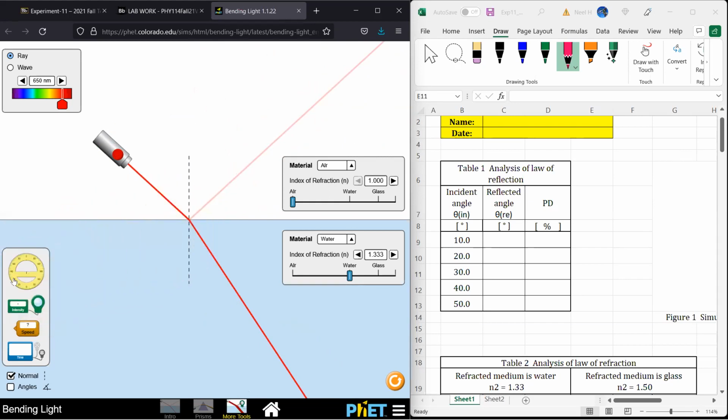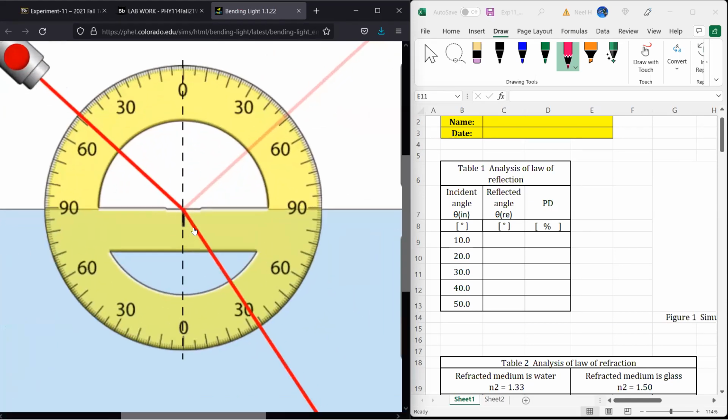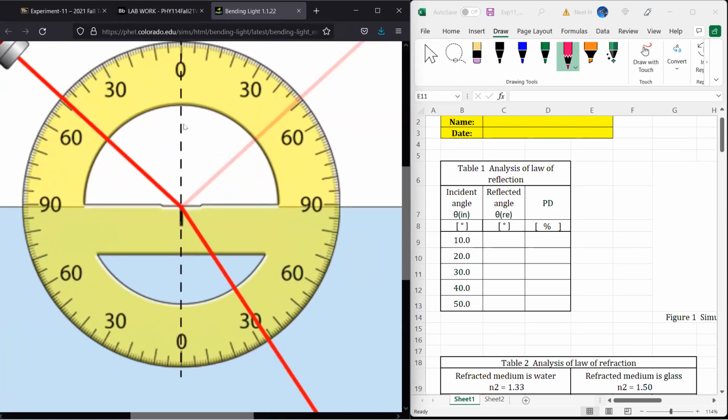If you click this yellow circle and bring it here, align this small black line in the middle of the yellow circle to the dotted line and the crossing point with the horizontal line, then I can measure the incident angle from the black dot 0 of the protractor to this point right here, the reflected angle from 0 to this point, and the refracted angle from 0 to this point.